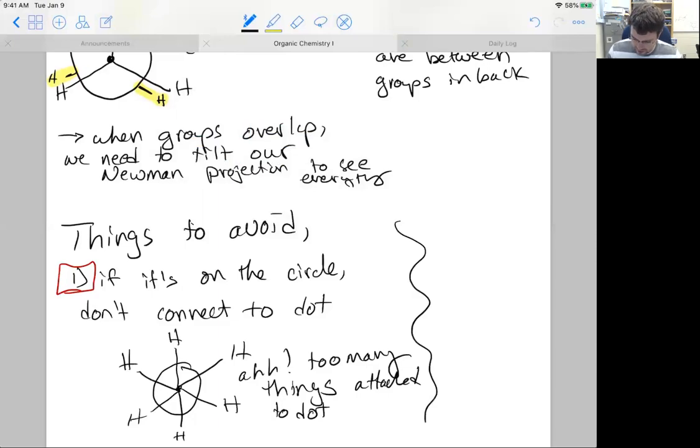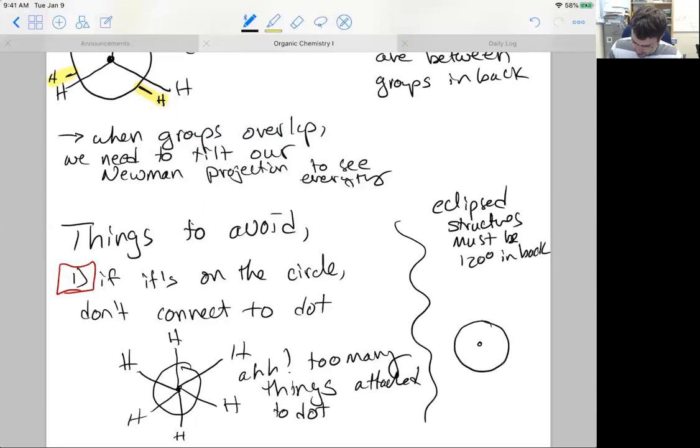Conversely, eclipsed structures must be 120 degrees in the back. And so you want to avoid something like this, and you also want to extend beyond the circle. You don't want to just stop at the circle. That's also bad.